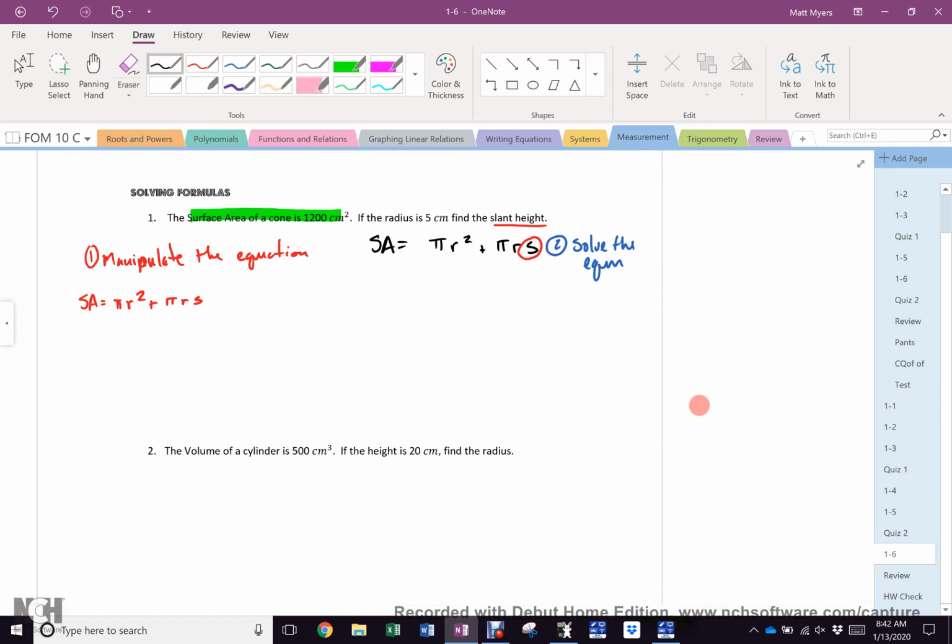If I gave you this, 3r plus 7 equaled 9, what would you do first? You'd subtract 7, yes? Because 7's just a number, isn't it? Okay. Do you see anything here? I'll change it. How many terms do you see here?